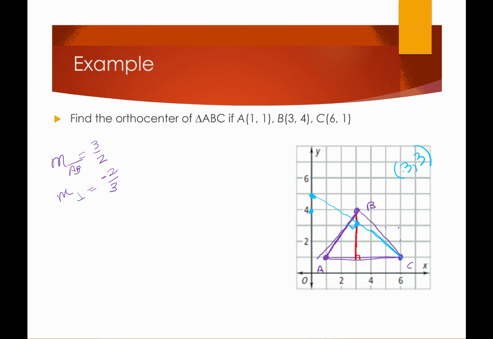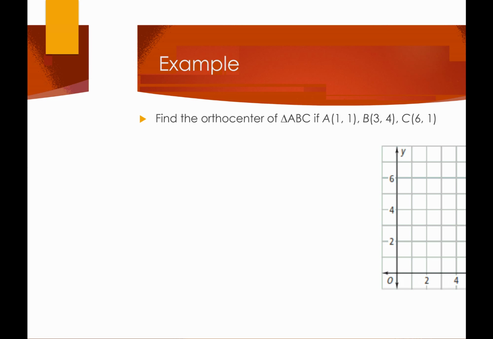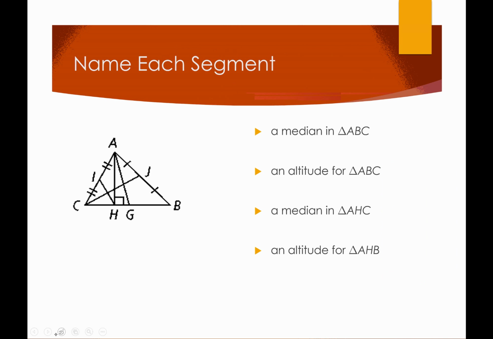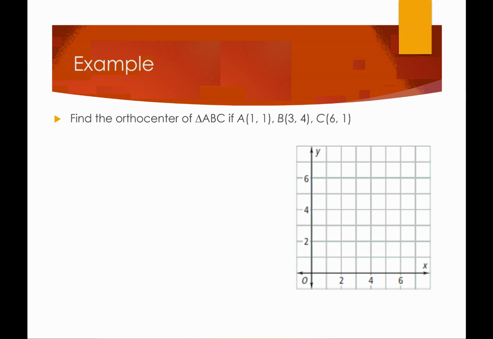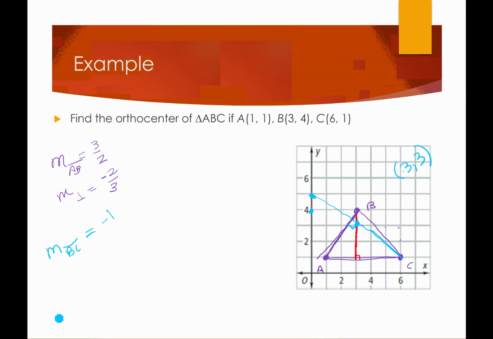We can take our slope of BC, and that slope is, believe it or not, negative 1. Okay, if it was drawn a little better. So the slope of our perpendicular is positive 1.